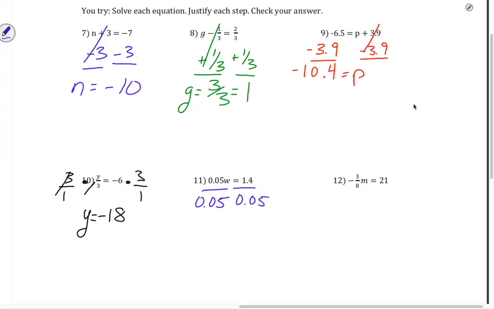Because I'm dividing by a decimal. So do you happen to know, or do you have a calculator that has 1.4 divided by 0.05? Is it 28? It is 28. Nicely done.